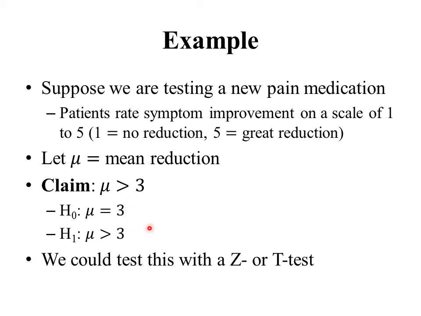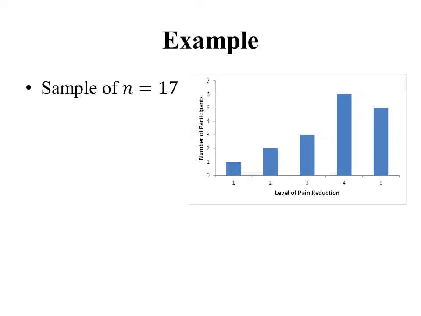We tested hypotheses like this back in Chapter 7, and we used either a z or a t-test: a z-test if our sample was large, and a t-test if our sample was small. Let's suppose that we give this drug to 17 patients, which is a small number of patients. This histogram summarizes our results.